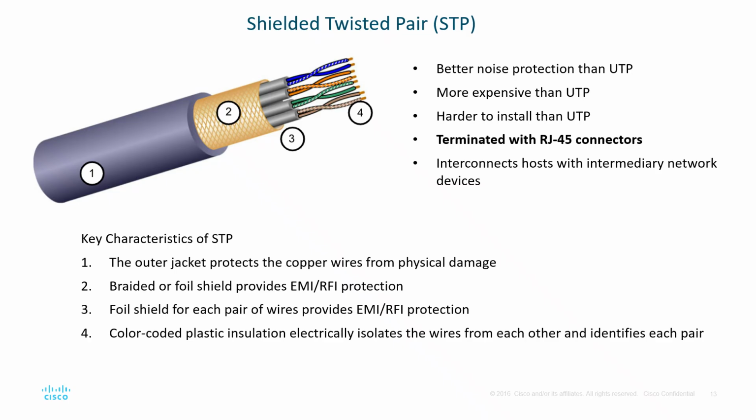And then again, you see a foil shield for each of those pairs of wires, also more protection against outside interference. And then lastly, the color-coded plastic insulation, which electrically isolates the wires from each other and identifies each pair. So a lot more protection with the shielded twisted pair.